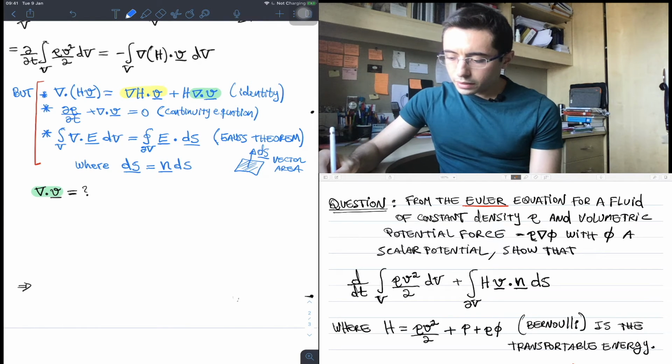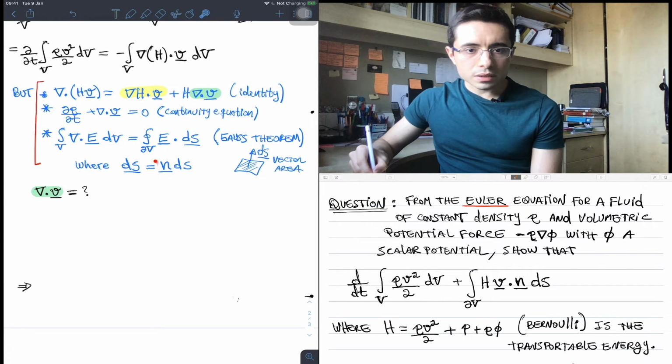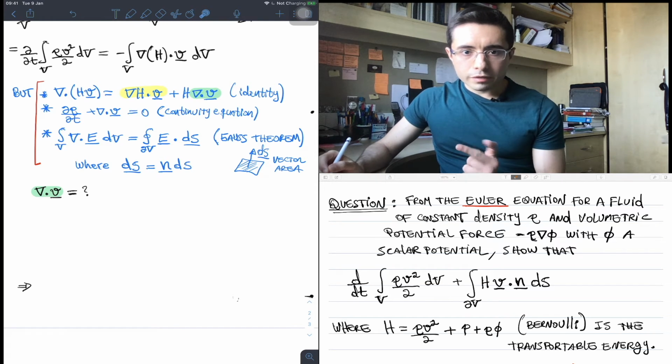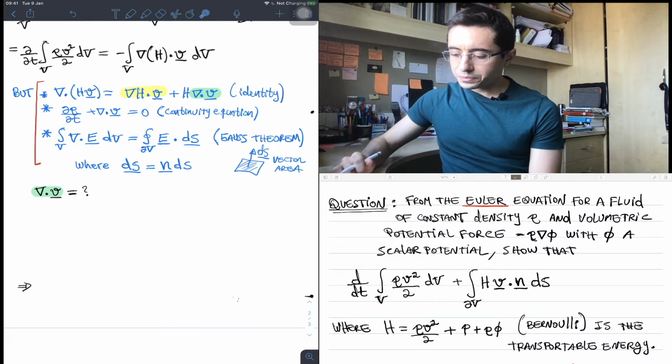And basically it is because it's a vector, it has a direction, and that direction is direction n, is a unit vector, and it has a modulus, because as you know, these vector areas have modulus which is given by the area. So this area is given by that thing here, dS, element of area.